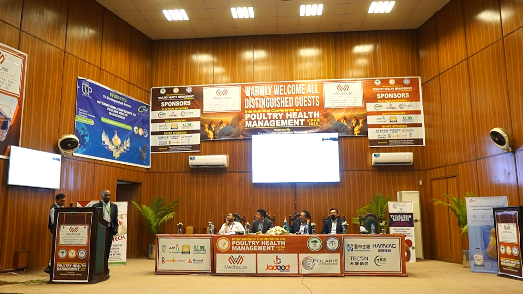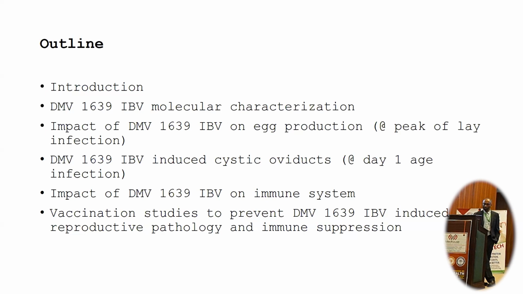So I'm the only one talking about infectious bronchitis virus in this conference. Because of that, I thought to give a slight background. I'm going to talk about the molecular characterization of the virus.